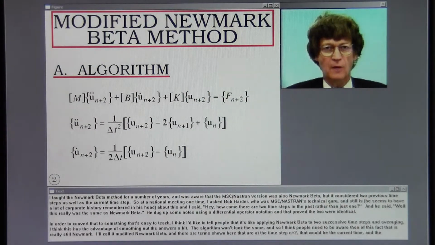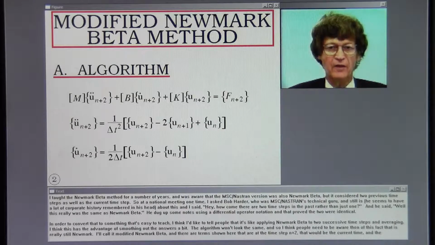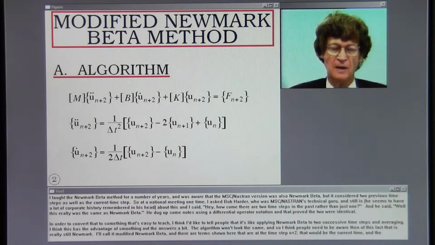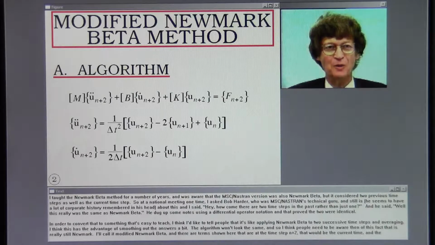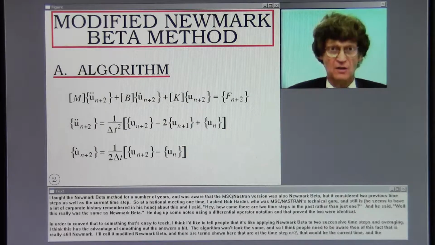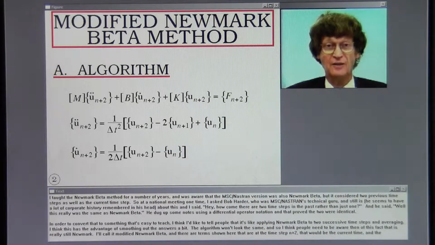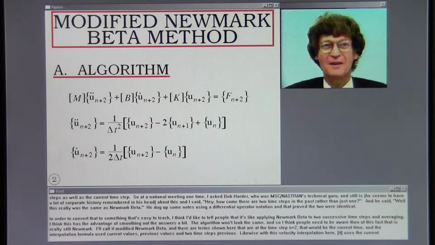I taught the Newmark Beta method for a number of years, and then was aware that the MSC Nastran version was also Newmark Beta, but it considered two previous time steps as well as the current time step. So at a national meeting one time, I asked Bob Harder, who was MSC Nastran's and still is their technical guru that seems to have a lot of corporate history remembered in his head, about this.